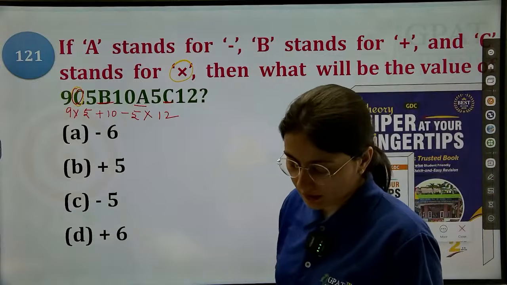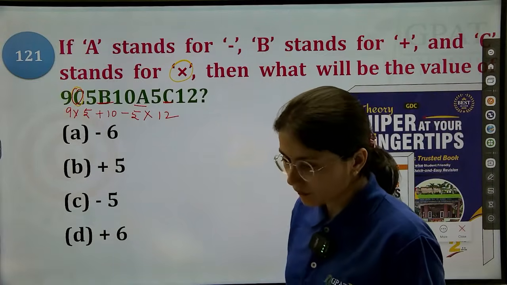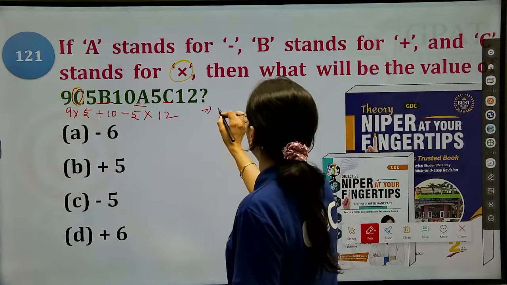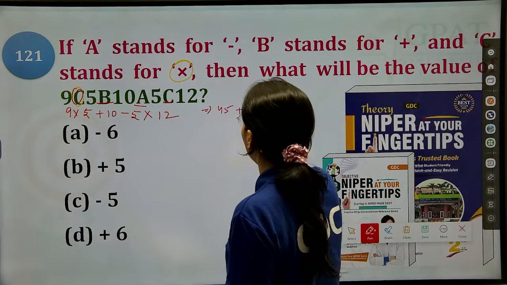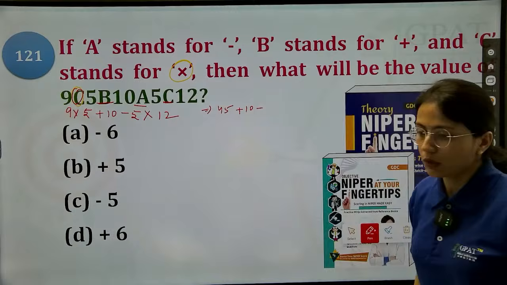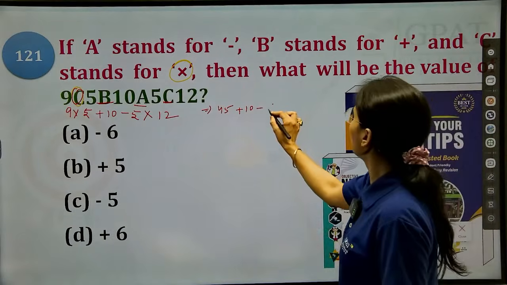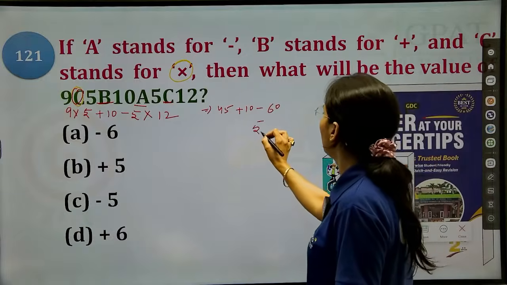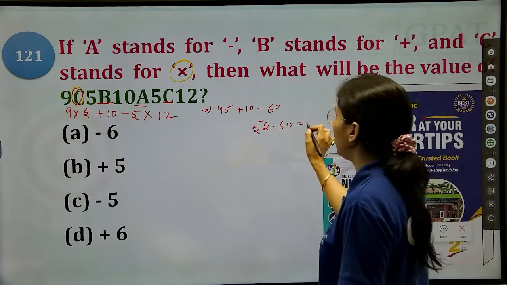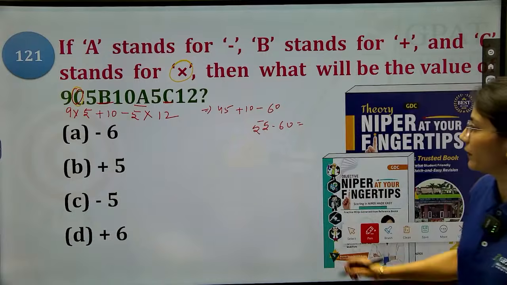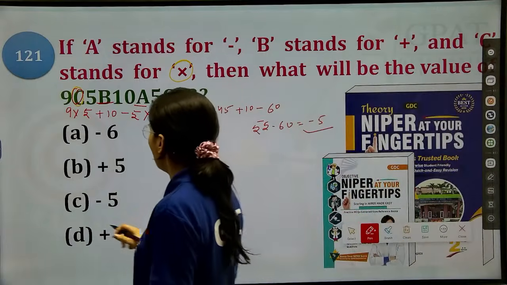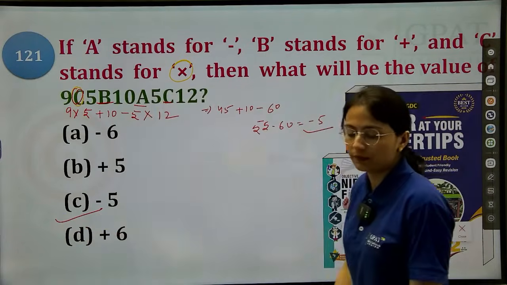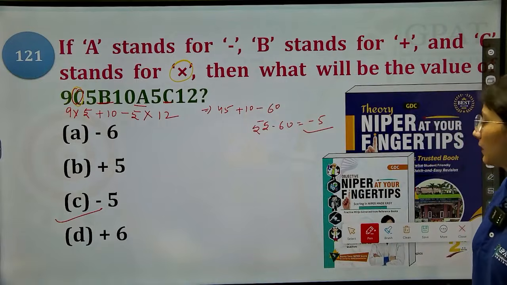So what is the answer? 9 5s are 45 plus 10, minus 12 5s is 60. So you have to solve this, you will get 55 minus 60, you will get minus 5. So minus 5 is the answer. So option number C is correct.